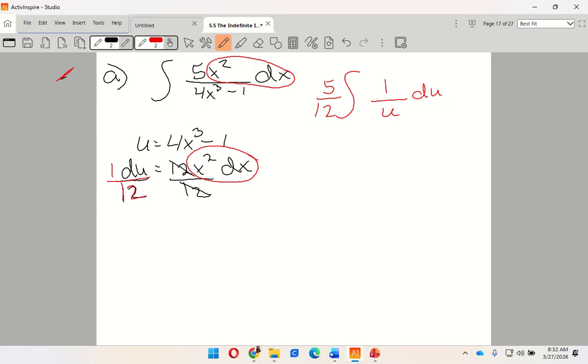So, again, a puzzle. It fits just right. I went from complicated to very uncomplicated, and that's the point, making it fit like a puzzle. Now, what's the integration of 1 over u? ln u, very good. So I'm going to end up with 5 over 12 ln absolute value of u plus c.